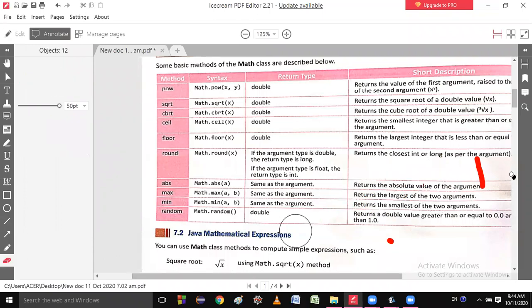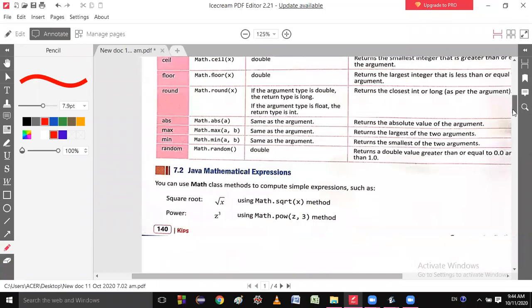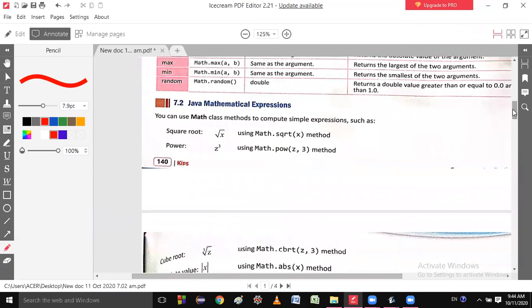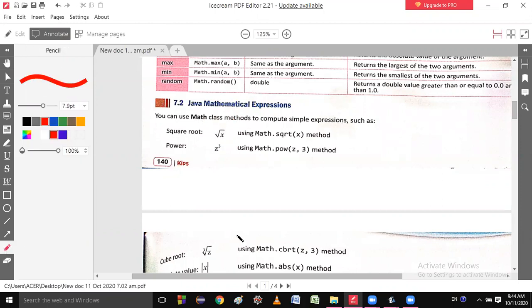Yes, sir. Okay. So the next topic is Java mathematical expressions. These are very simple topics: how you will use these mathematical expressions. Suppose someone has written root x, how will you write root x in Java? Suppose someone says I have x value 2, so write a program to get the value of root x in Java.